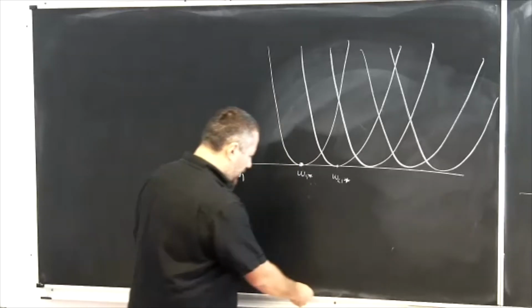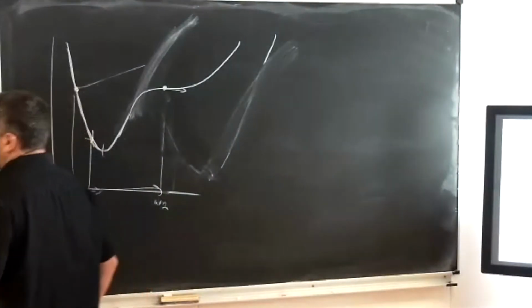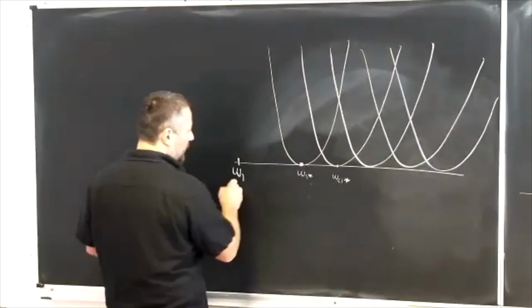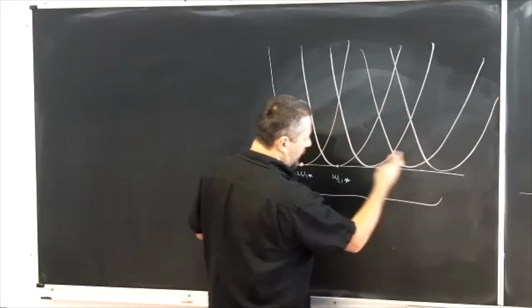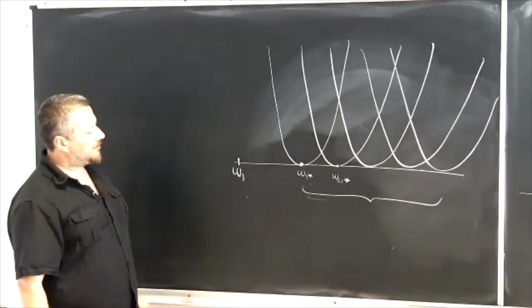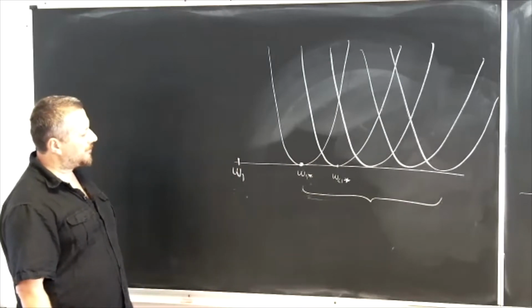The idea of why it works pretty well at the beginning is that you are here, away from this region where the minima of these individual functions live.